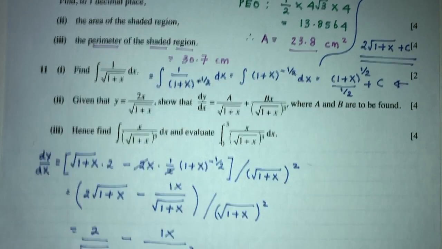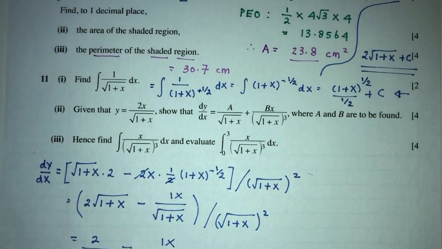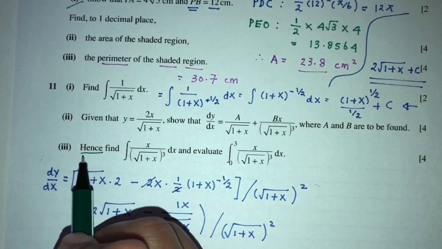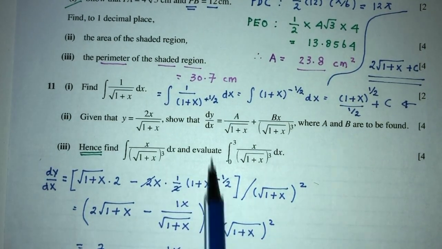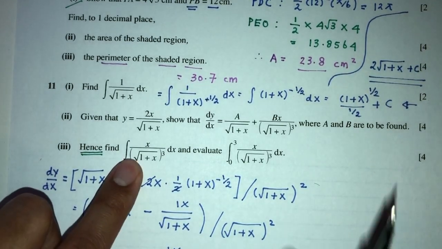So let's move on to question number 3. Hence, as you can see, we have the same word again now. Hence means we have to use your previous answer to find this value. So let's do one by one. The previous answer was what?